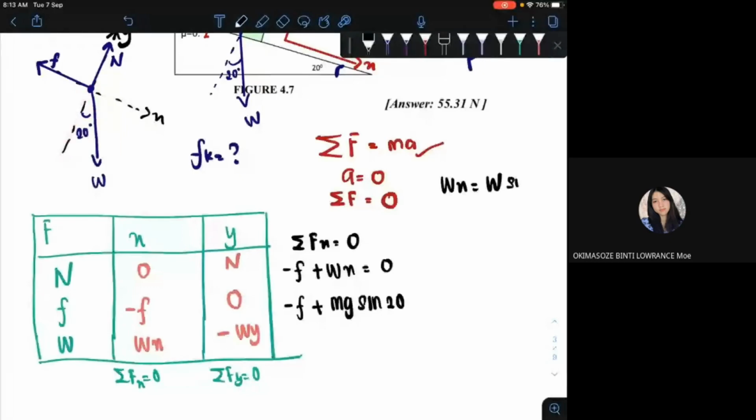Sin theta. So W tu saya substitute mg kita. So M adalah, dia cakap objek kita 3 kg, 9.81 sin 20. Samakan dengan 0.